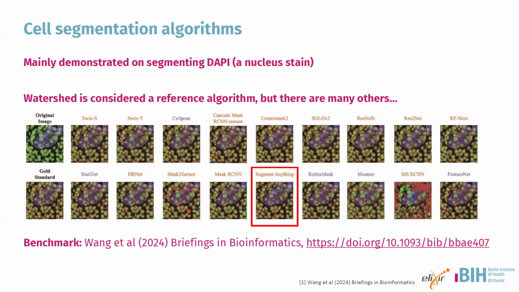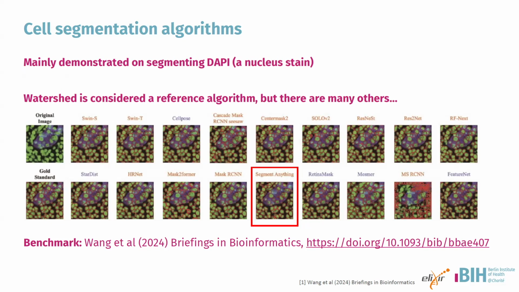And there are a couple of different reviews out there. I've just referenced one from Briefings in Bioinformatics. And one of the things I'm quite excited about are these general purpose segmentation algorithms. So Segment Anything is a Facebook segmentation algorithm that's not trained for microscopy data. It's trained for everything. And having these sort of foundation models and repurposing them seems like a really interesting approach.